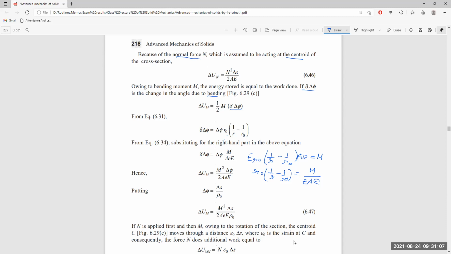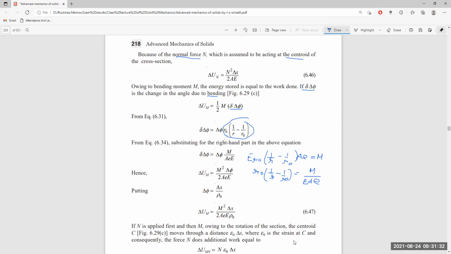And if we use this formula here for R0 into delta phi, then the equation will take this particular form, delta phi M A E into E. That is the deflection of the beam. So what we will see, delta UM here, M square delta phi divided by 2AE.